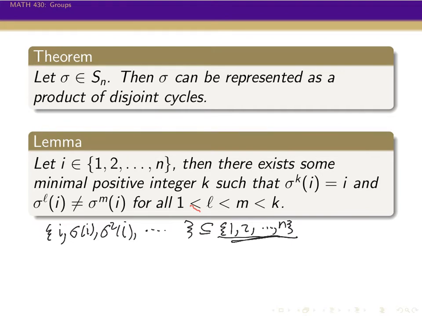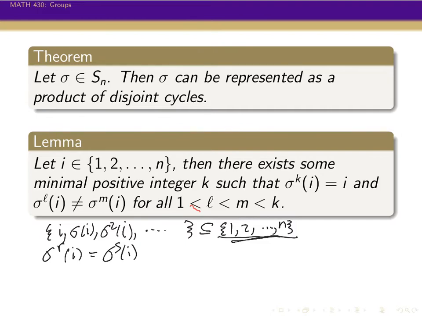Okay, so let sigma r of I equal sigma s of I represent the first time that a number gets copied. This is minimal in the sense that sigma r of I is the first number that appears twice, and sigma r is the first time that it appears, and sigma s is the second time that it appears.